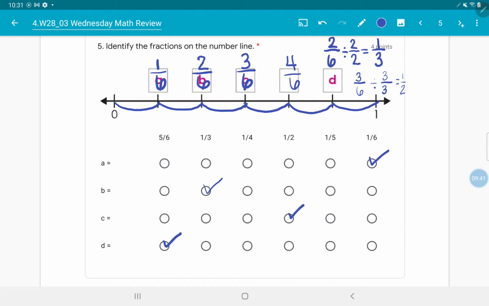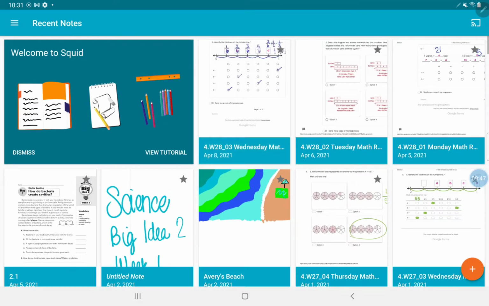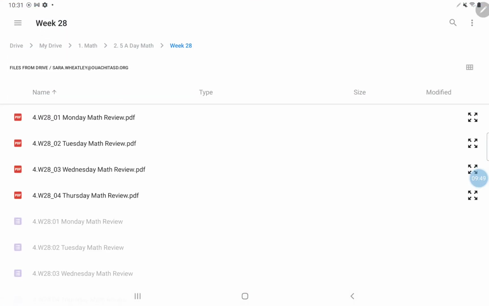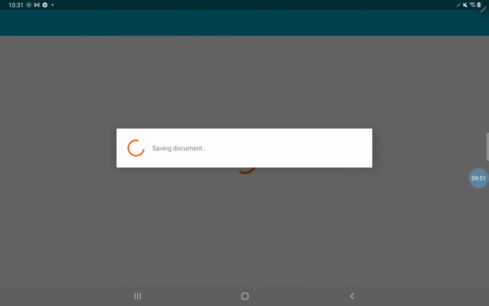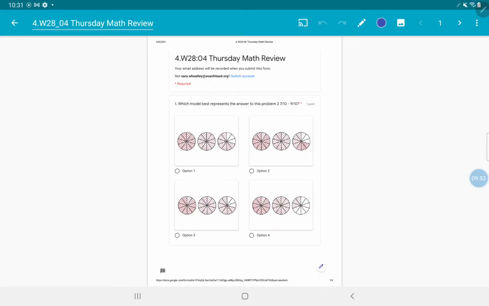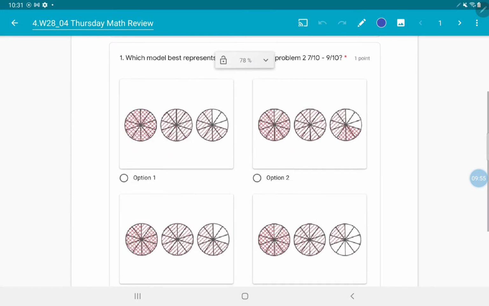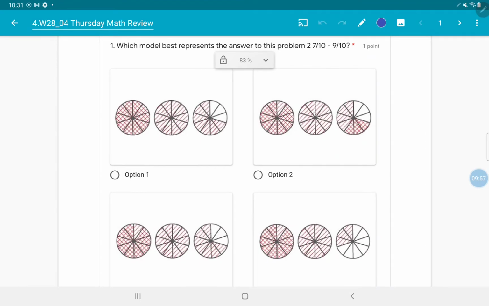All right, questions about yesterday's daily math? All right, let's check Thursday. Okay, the first question asks you which model best represents the answer to this problem. 2 and 7/10 minus 9/10.